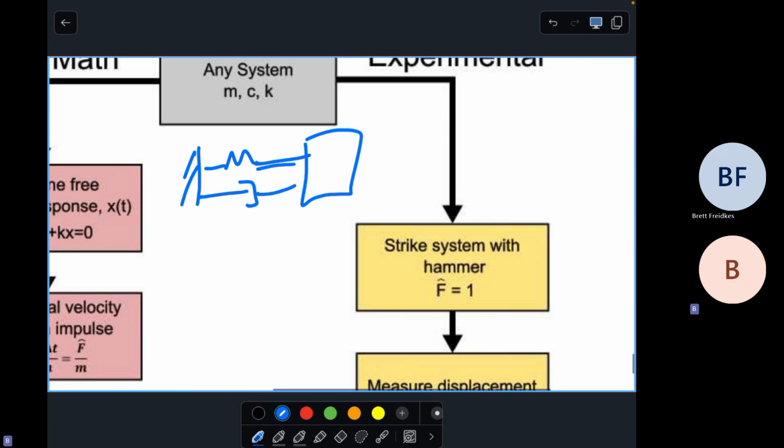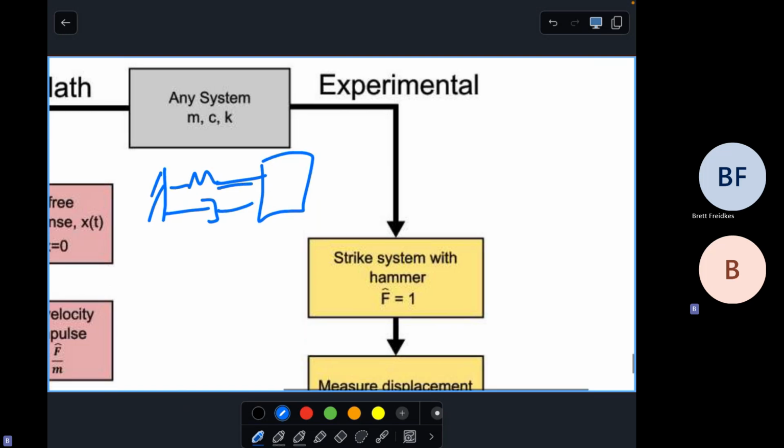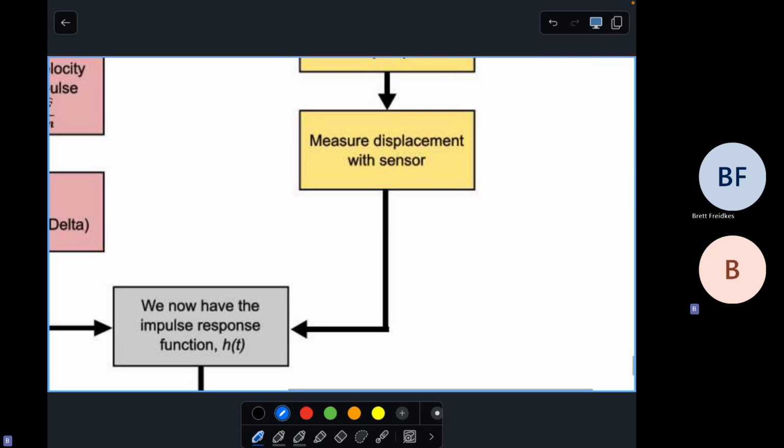From an experimental perspective, if I were to hit this thing with the Dirac-Delta function, it will oscillate at its impulse response. So I strike the system with a hammer, measure the displacement, and I have the impulse response function. Experimentally, granted, you can't actually do f hat equal to 1 in real life, but this is the idea, if you could do this in theory.